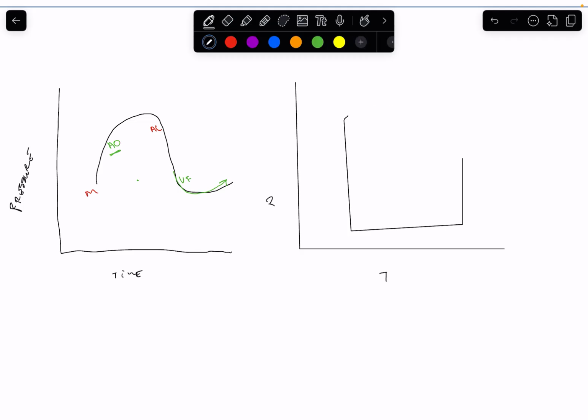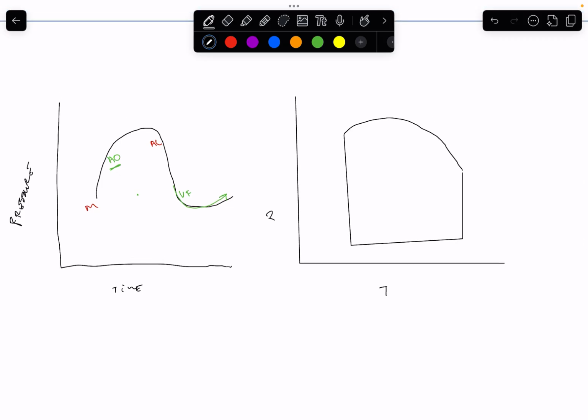Looks really bad. Do it like this. And I'm going to start labeling a few things on here. Where should I begin?